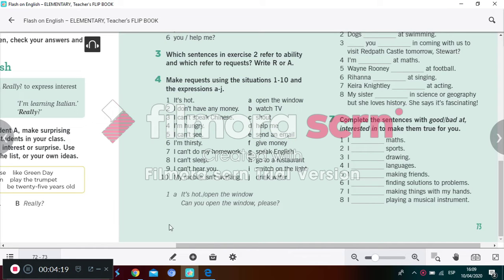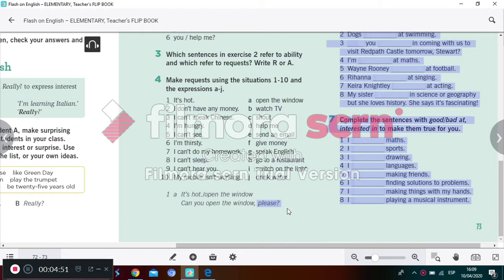So in your notebooks, you write I don't have any money slash give me money. So your request is, can you give me money, please? So again, in activity number 4, you need to link, you need to join the correct situation and the correct request. And here you need to write the complete request using can and please.